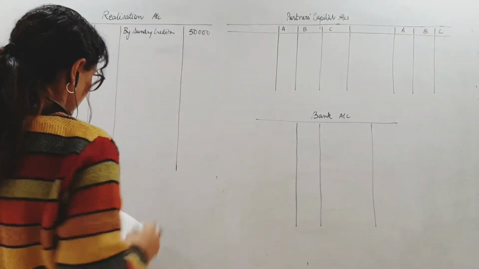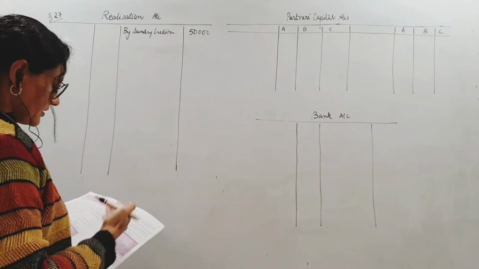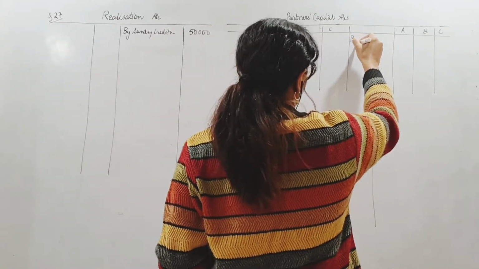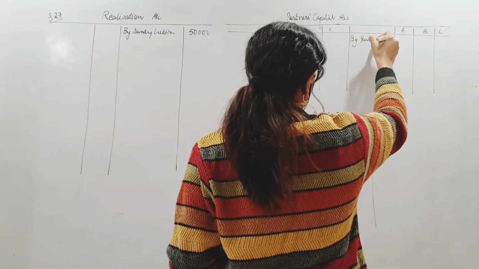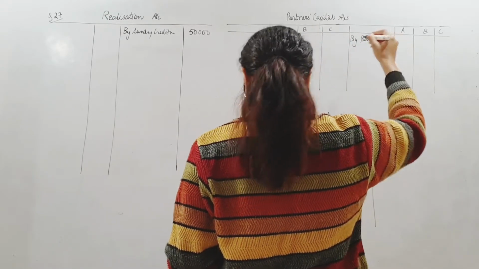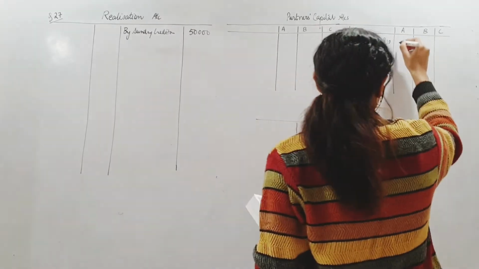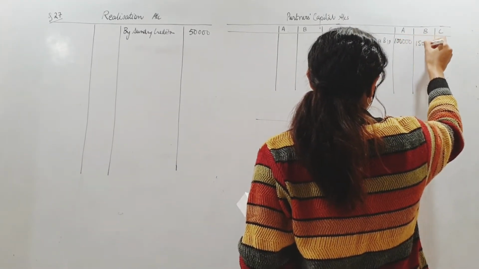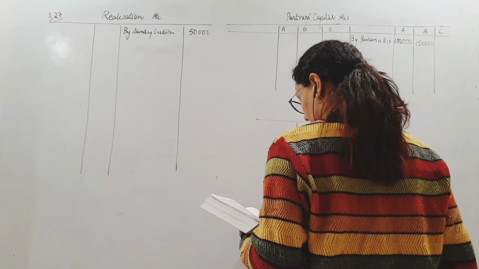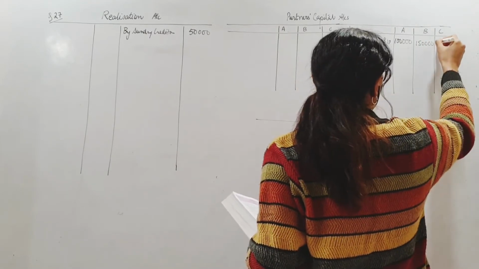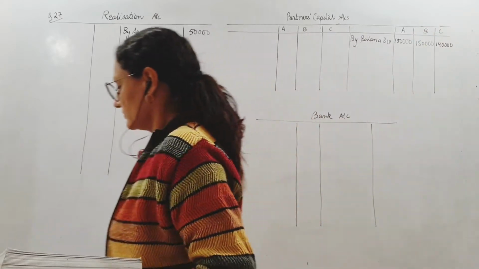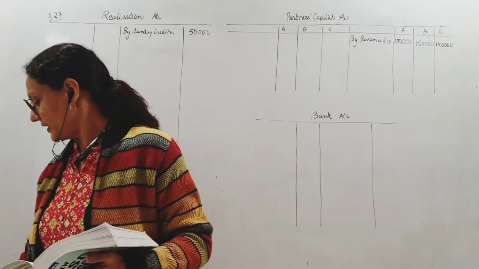Only sundry creditors goes from the liability side because the partner's capital account has to be opened separately here. So you will do by balance brought down. A, B and C 1 lakh, 1,50,000 and 1,40,000. Alright? Now, these are the figures in front of you.